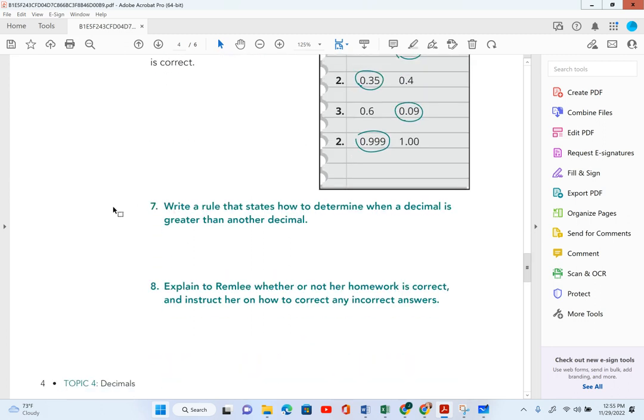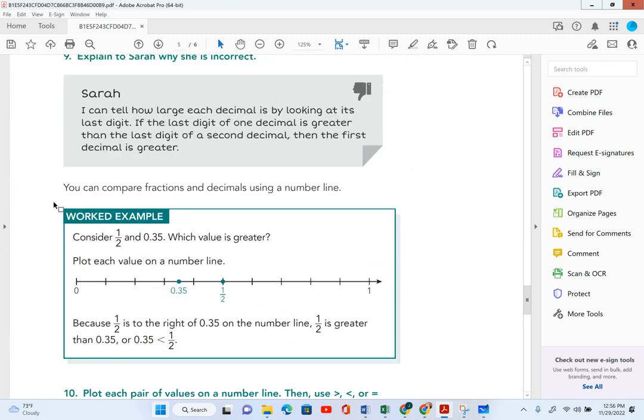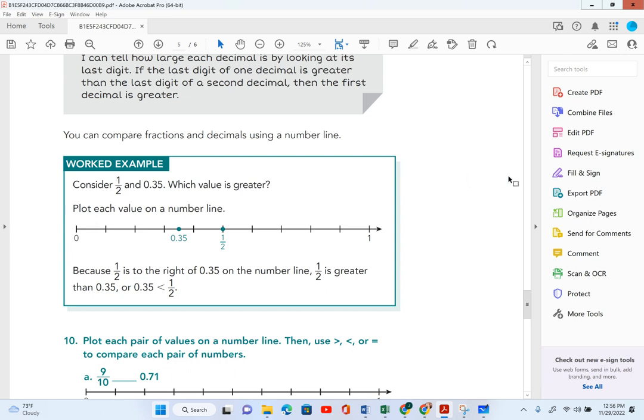Now we're going to go on to the worked example. It says consider 1/2 and 0.35, which value is greater? Well, 1/2 is 0.5, so 1/2 would be higher. And on my number line, I can see that this is 1, 2, 3, 4, 5, 6, 7, 8, 9, 10.